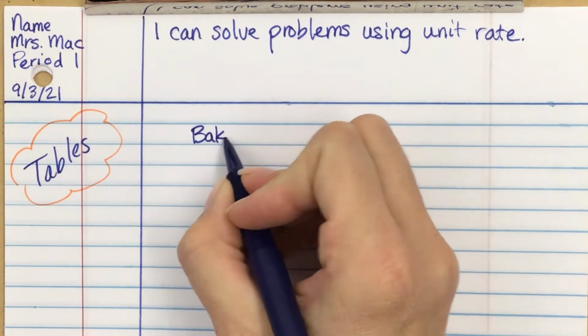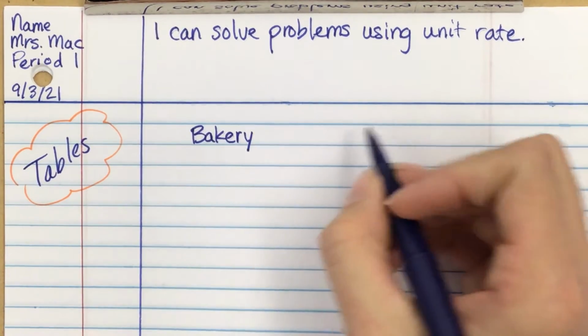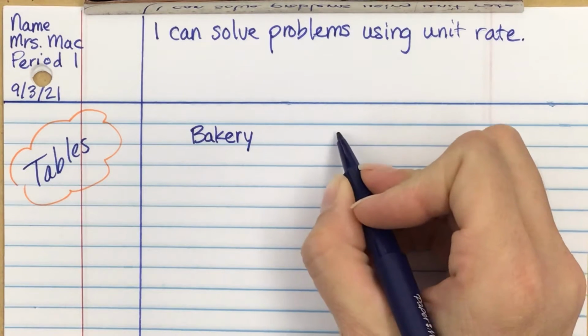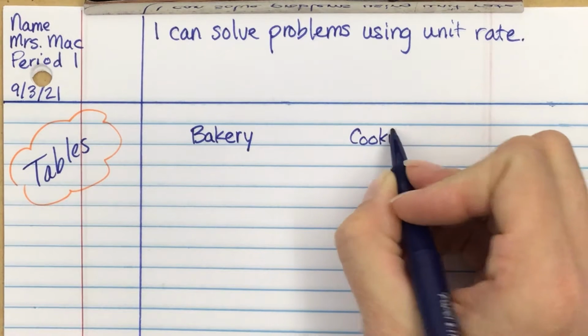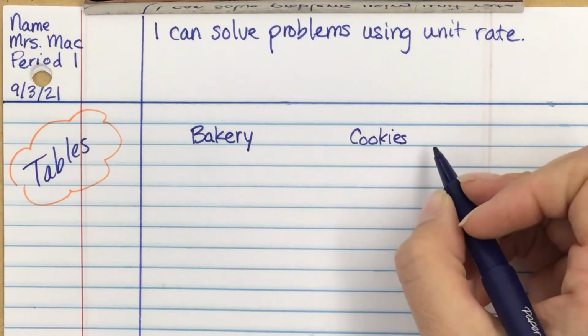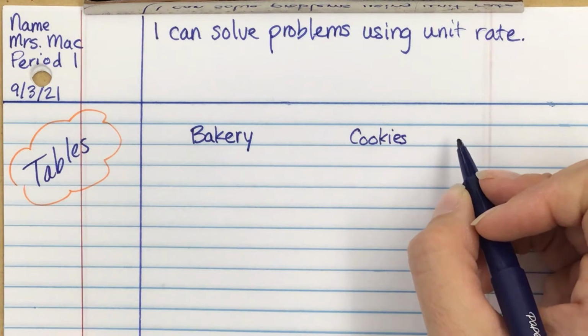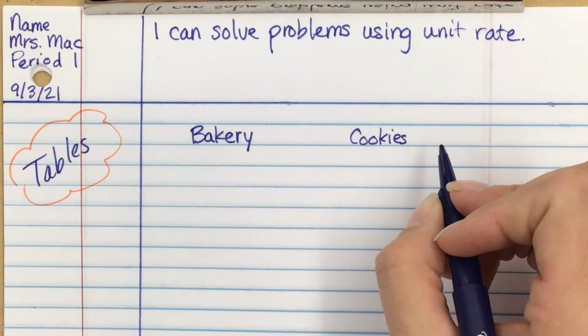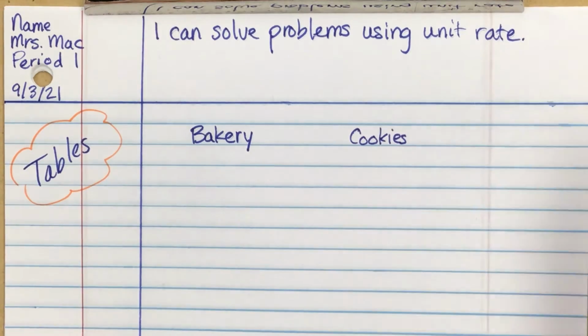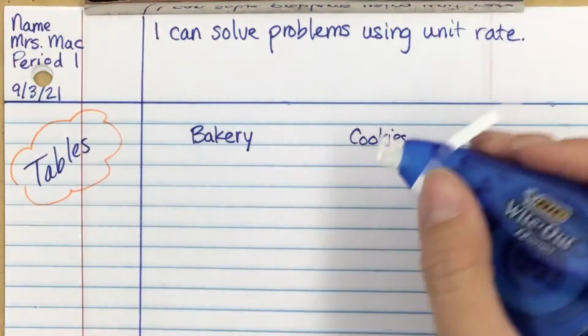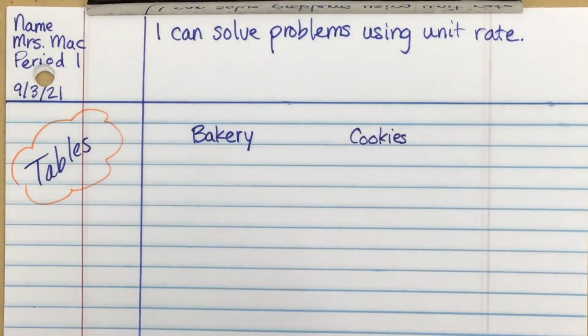Okay, these don't need to be perfect, but I'm going to make a little makeshift table here. Oh, I already made a mistake. This is supposed to say cakes. Somebody broke my whiteout.